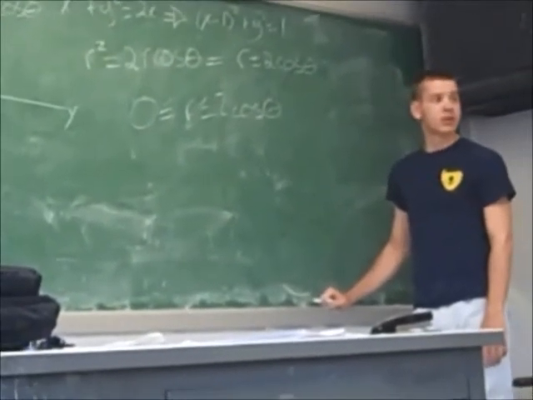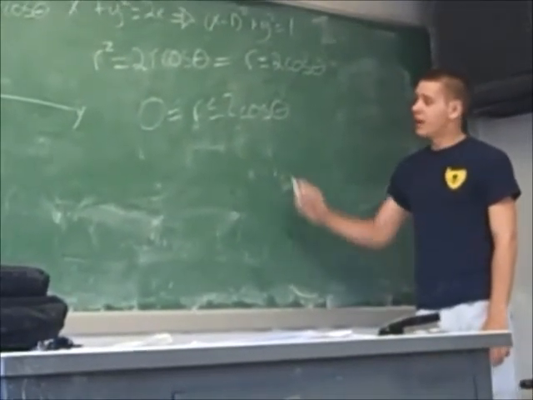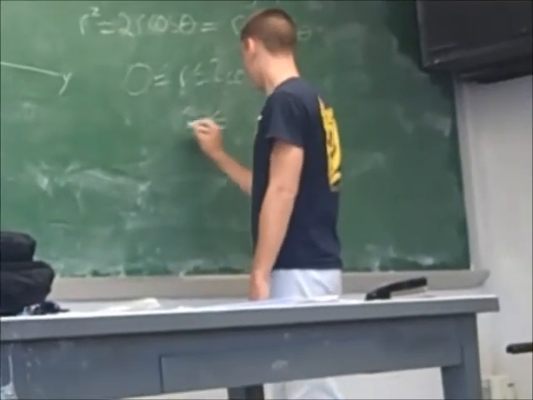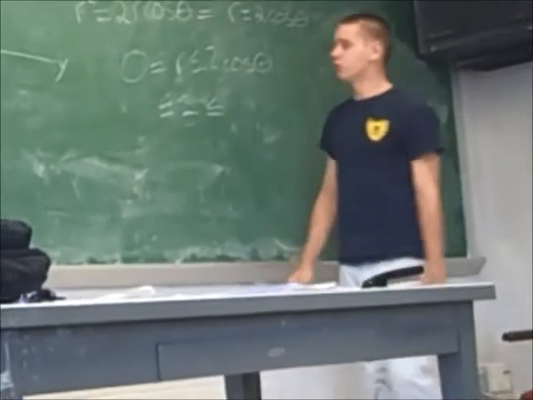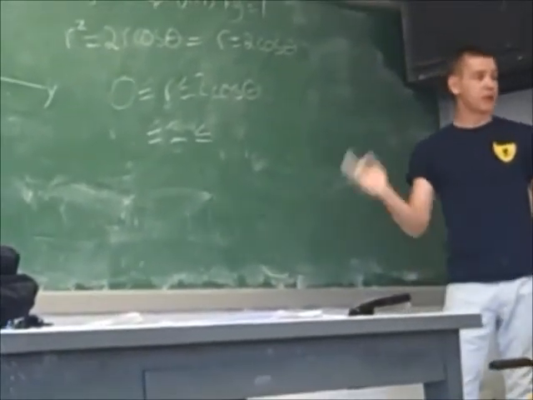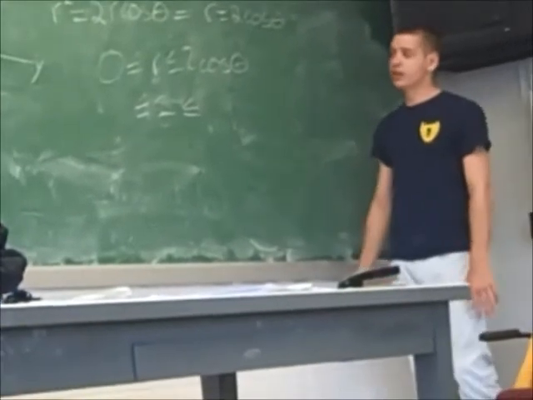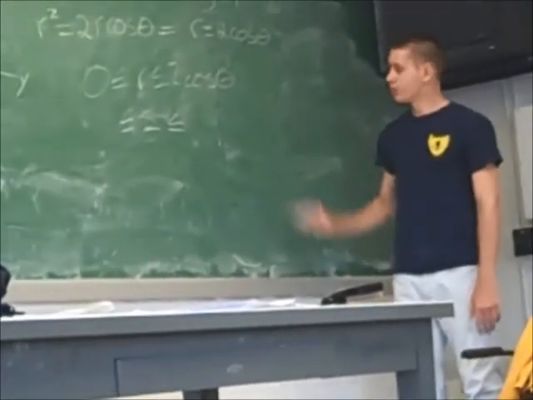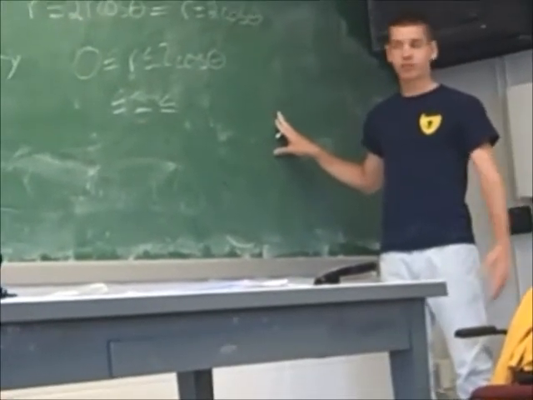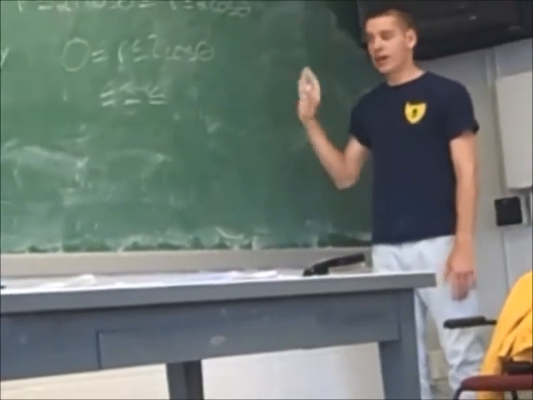Okay, so if r is positive and maximized by this thing, what's theta doing? Well, you can think of it two ways. What values of theta make r positive? Negative pi halves to pi halves. Or you can think about it, remember the first and fourth quadrant are positive cosine values? I don't like to think of it that way.